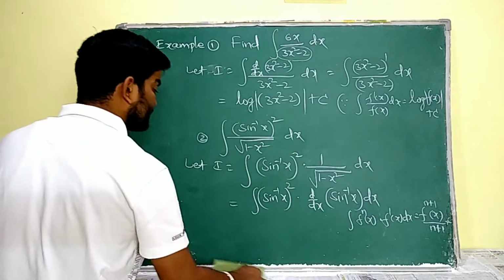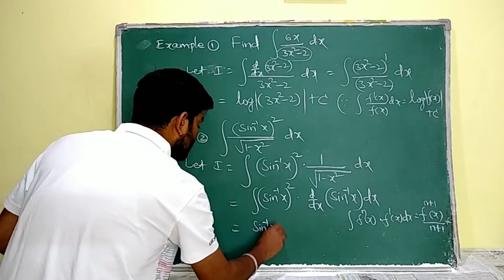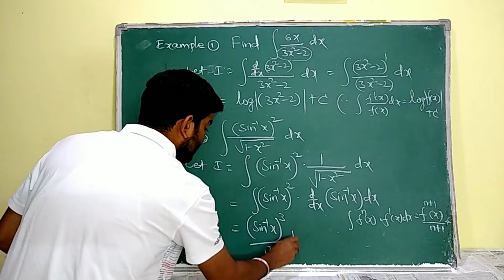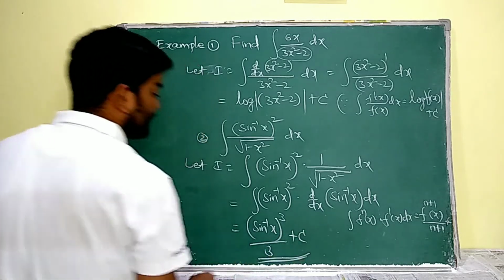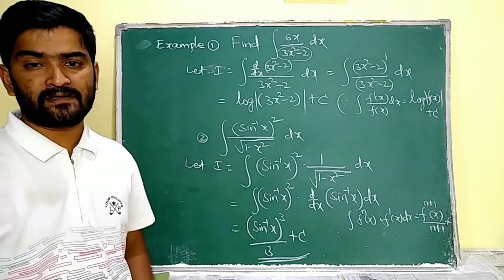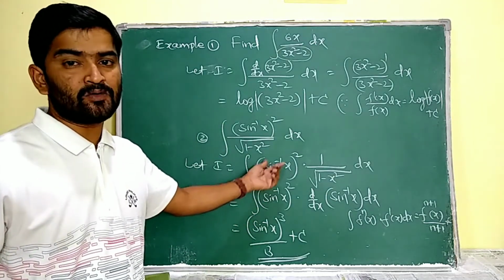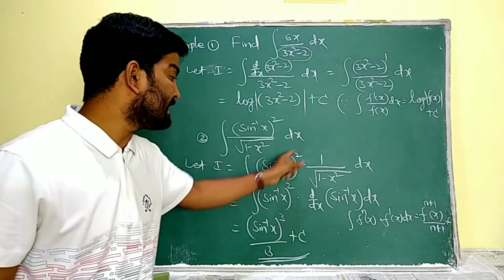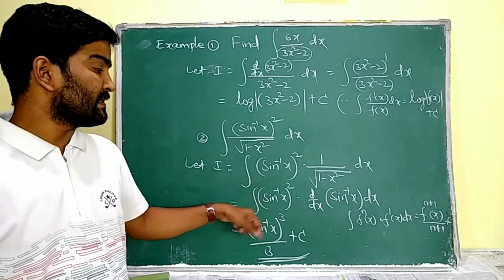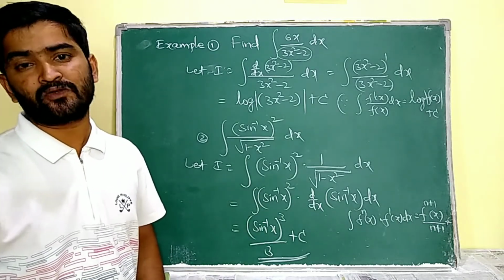Similarly, I am going to write its value as (sin inverse x) whole power of 2 plus 1, that is 3, by 3 plus c ma. In this way we are going to apply the already discussed formula. See, here it is very easy ma. Sin inverse x whole square and we have its derivative, that is 1 by root over 1 minus x square. So firstly we have to think which formula is going to be best suitable here.